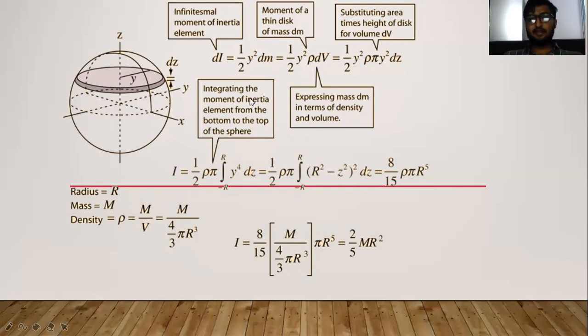Then 1 half y square rho pi y square dy is the substitution of area times height of the disk for volume dV. Then integration gives the moment of inertia, expressing the mass in terms of y square, of the thin disk of mass.